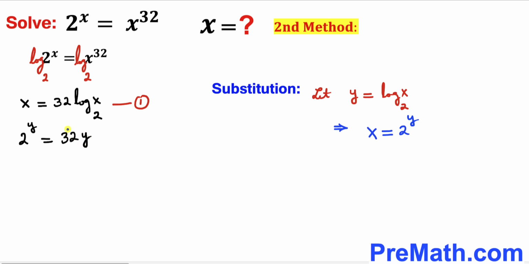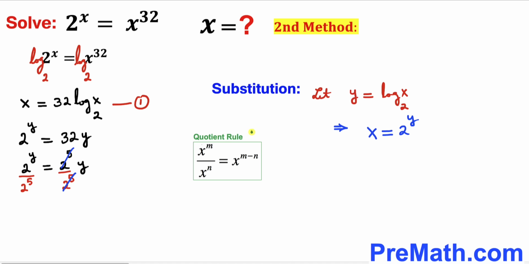And now let's focus on this 32. If we tweak this one, 32 could be written as 2 power 5, isn't it? So therefore we can write 2 power y equals to 2 power 5 times y. And now I'm going to divide both sides by 2 power 5. We can see this 2 power 5 and this 2 power 5, they are gone.